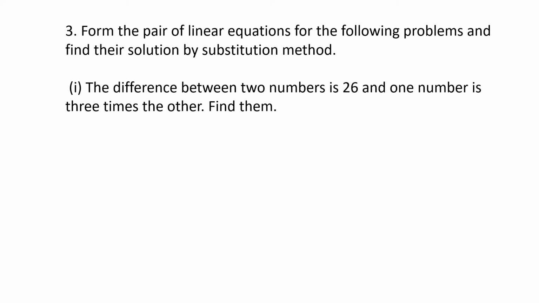Difference. That is the word you should be looking for. Difference means subtraction. The difference between two numbers is 26. So there should be two numbers. Let the numbers be x and y. The difference between the numbers is 26, so difference means x minus y.